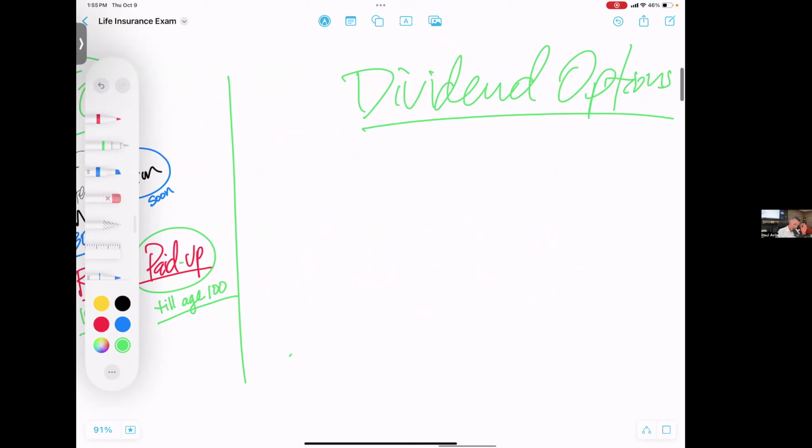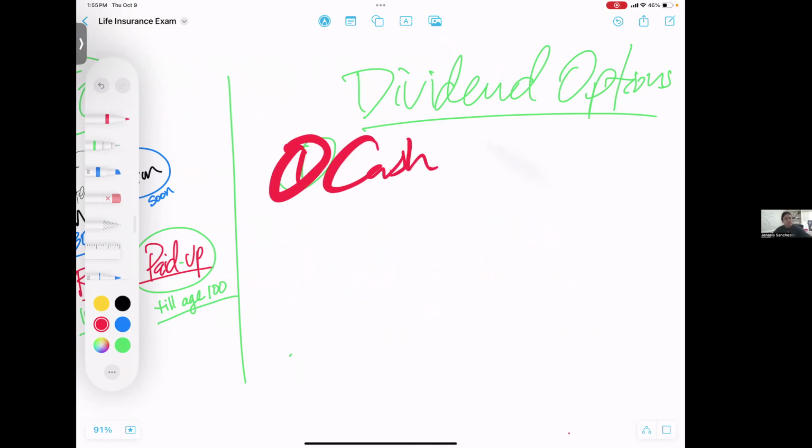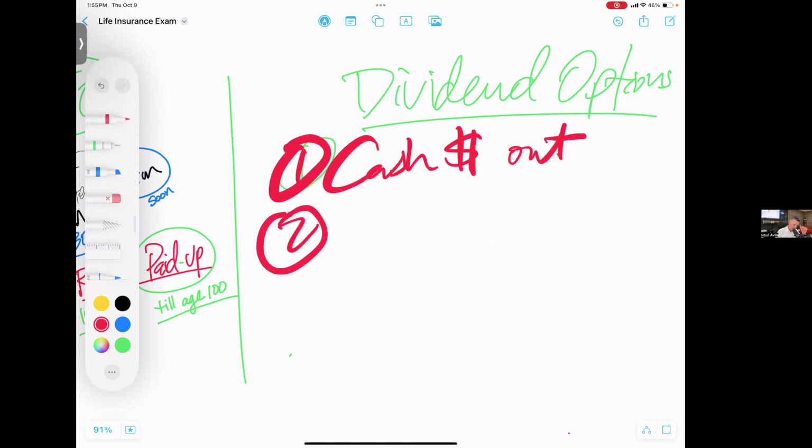Dividend options: your policy is going to give you a dividend. How would you like to get your dividends? One of them is cash out. Just give me my money. Number two is reduction of premiums.